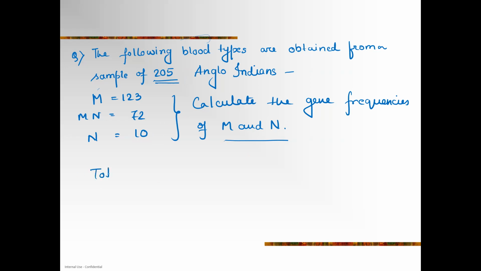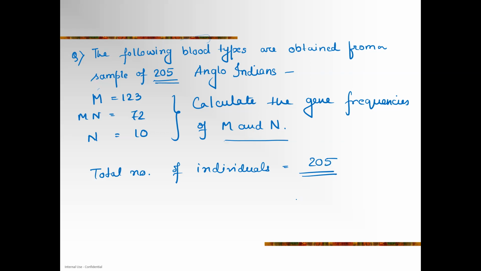So, you have total number of individuals, right? Which is 205, 205. Correct?